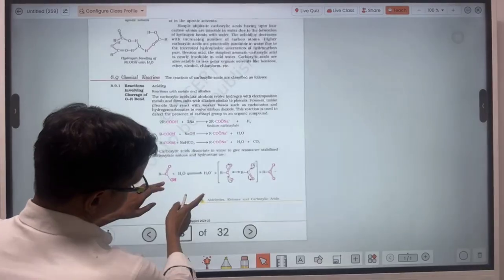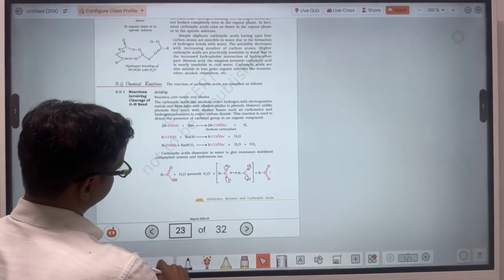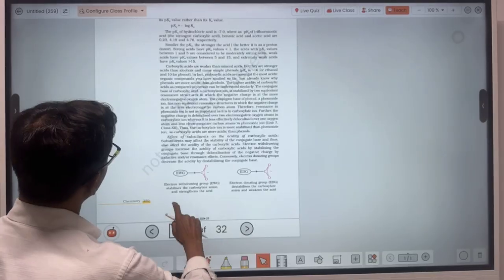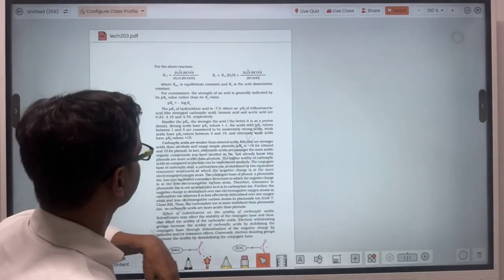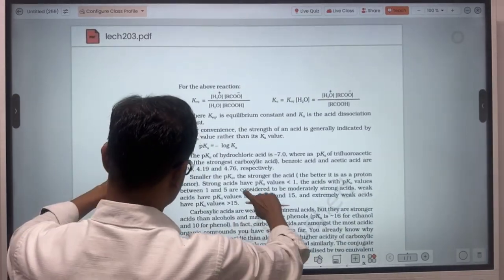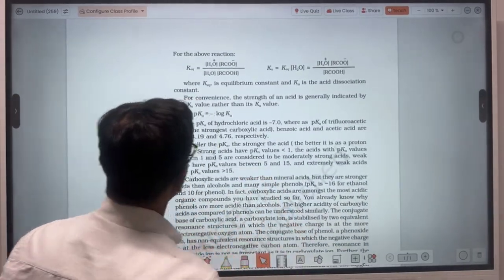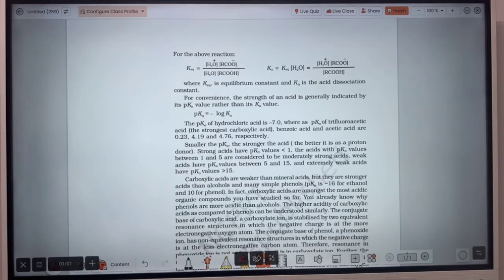Okay, now let's see the acidic character and how to measure it. For 12th board examination students, if you would like to ignore this portion, you may ignore it. Let's see.